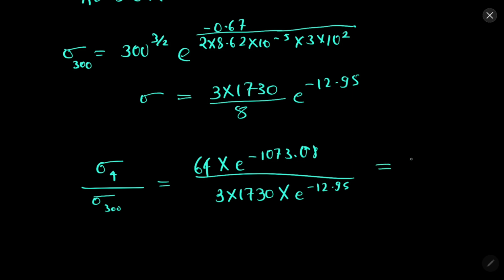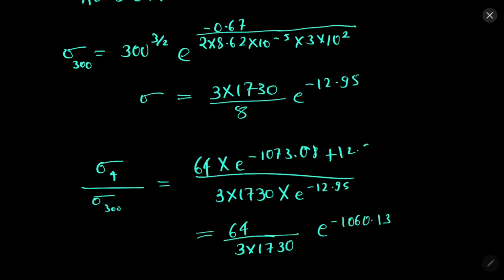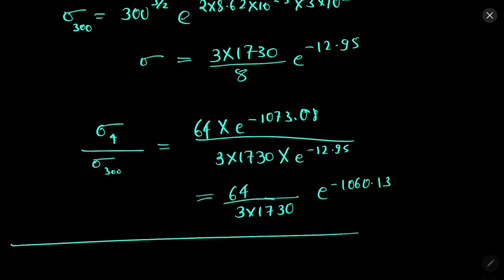So this ratio will be approximately 64 over 3 into 1730 e to the power minus 1060.13, because this will go upstairs and will be added like this. So this will be the approximate ratio.